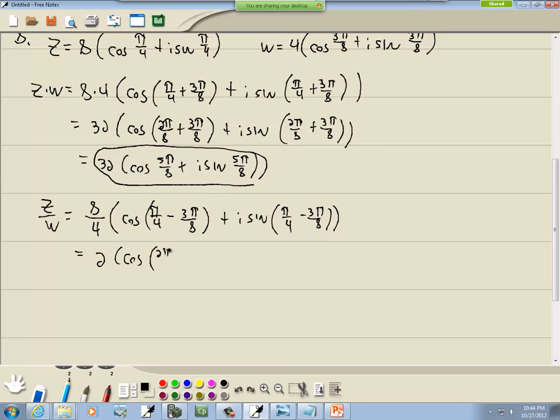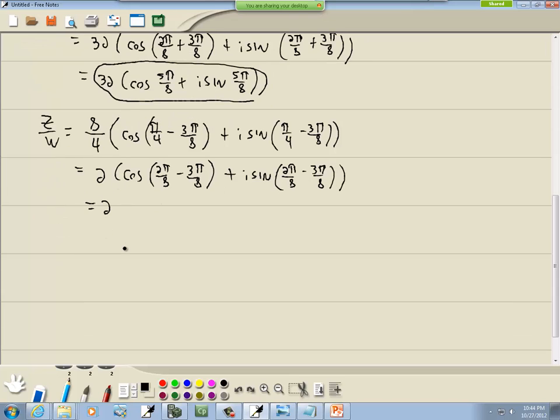So this becomes 2 pi over 8 minus 3 pi over 8, plus i sine of 2 pi over 8 minus 3 pi over 8, which gives us 2 times cosine of negative pi over 8, plus i sine of negative pi over 8.